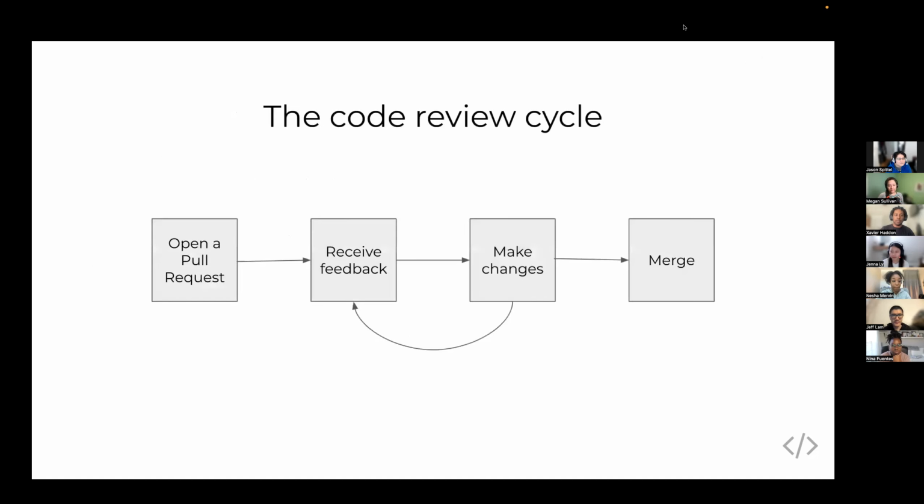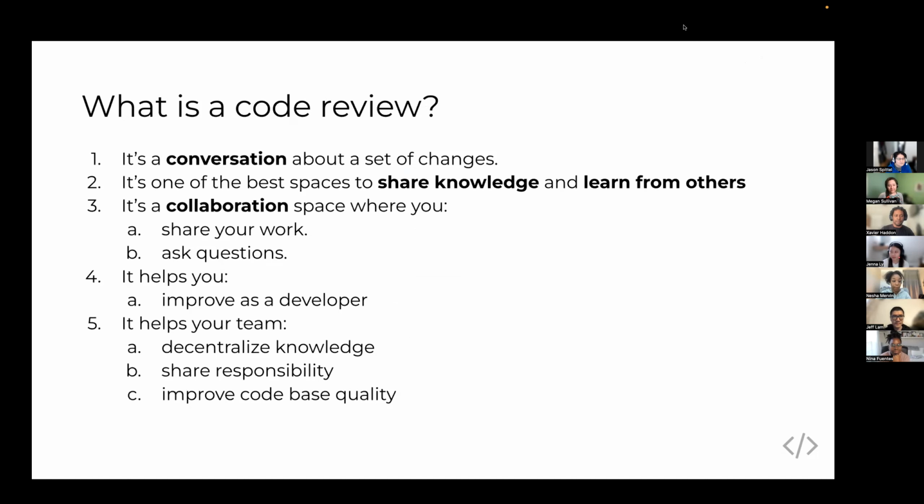Okay, so what is a code review? Essentially, a code review is a conversation that you are having with your team. It's an opportunity to share knowledge and learn from one another. So it's a collaboration space.